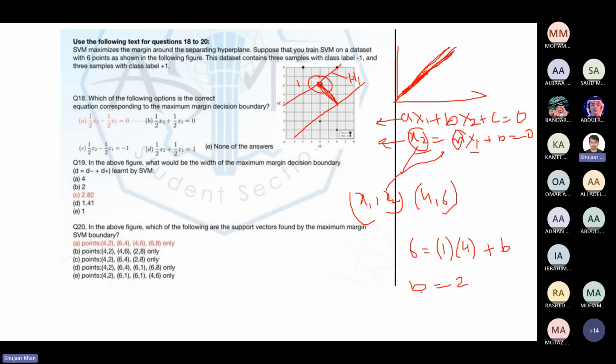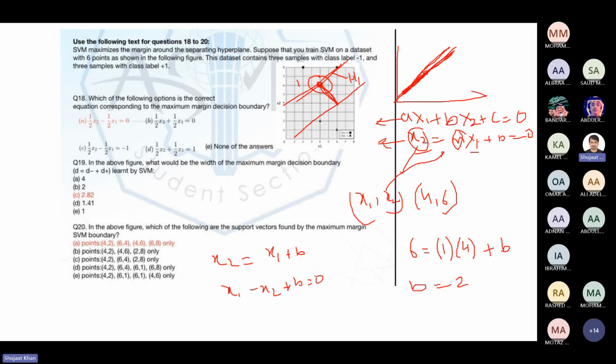Now you have the equation of this hyperplane. You can do the same and determine the equation of the other hyperplane. So the first hyperplane is x2 = x1 + b, and x1 minus x2 plus b is equal to 0.